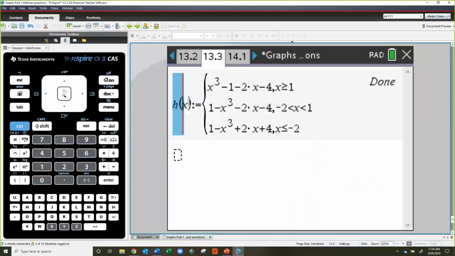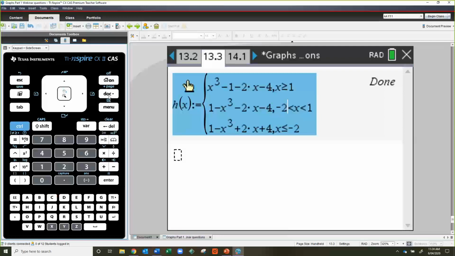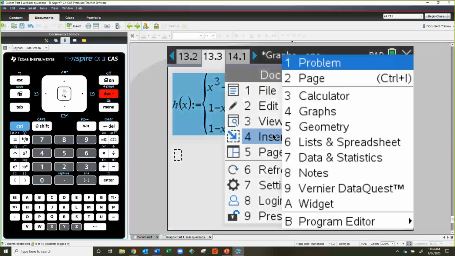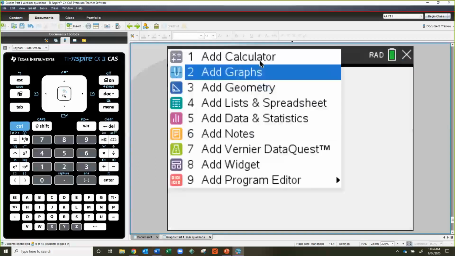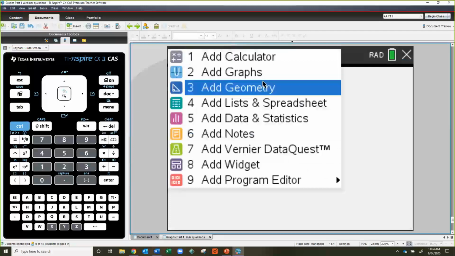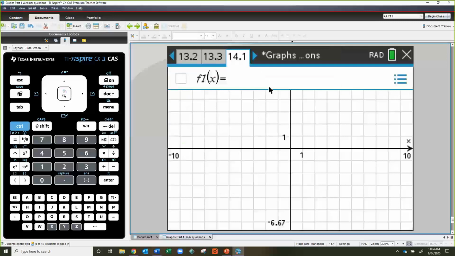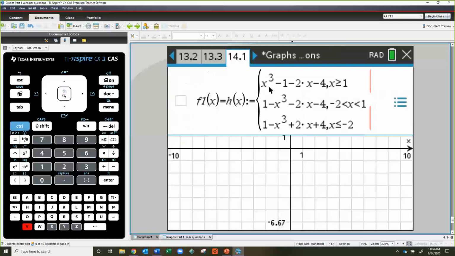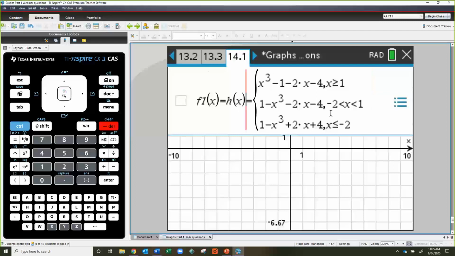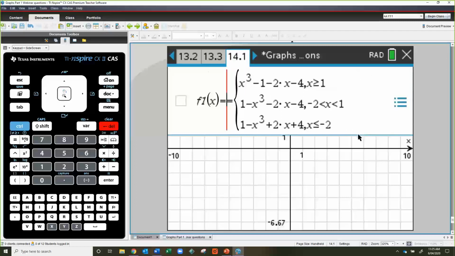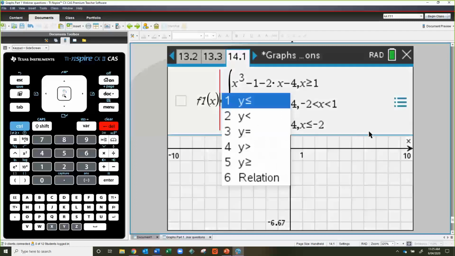So what we'll try to do, we'll copy that and do a new problem, just to sketch this graph only, and I will copy this, but just without the modulus graph, and let's see whether it will work.